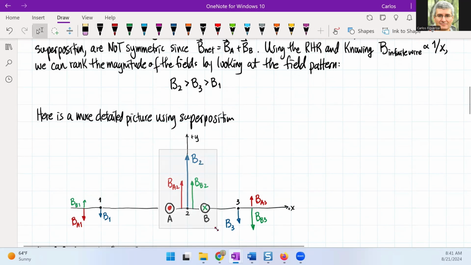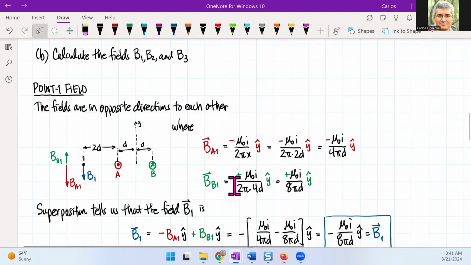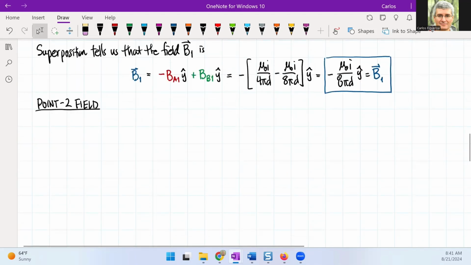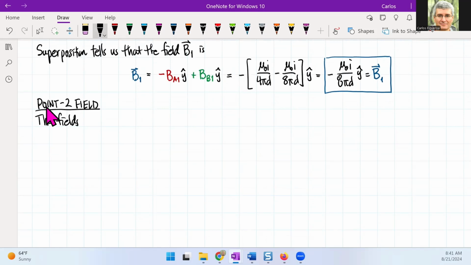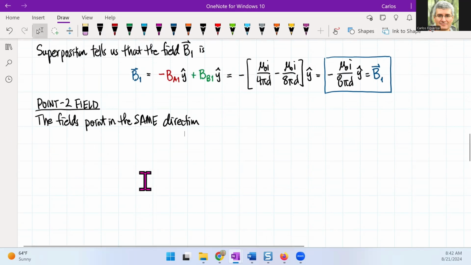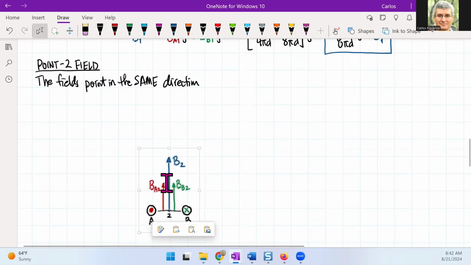I can just copy this and bring it with me. If I copy this, we can then see that the fields point in the same direction. Let's see if we can just paste this in here.